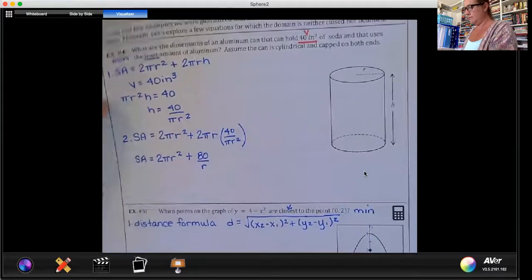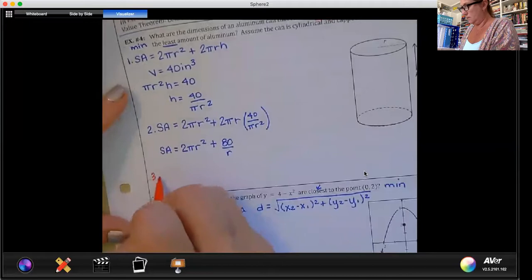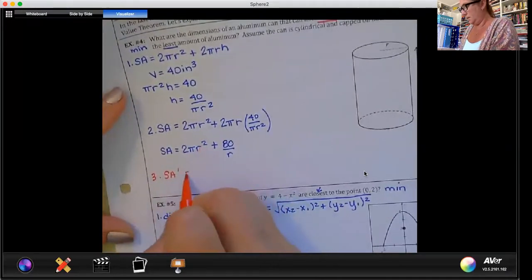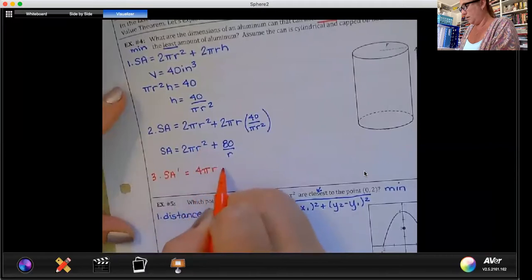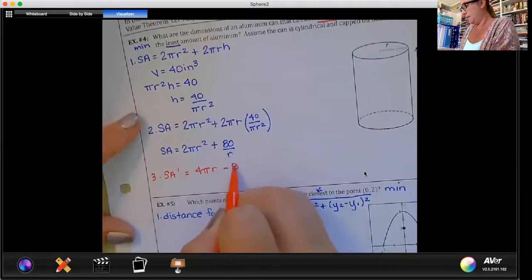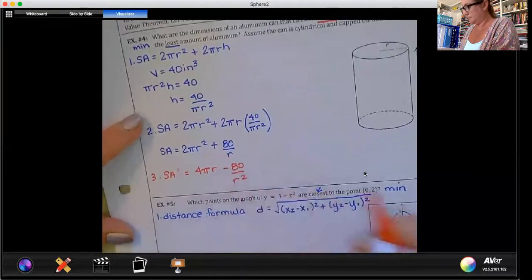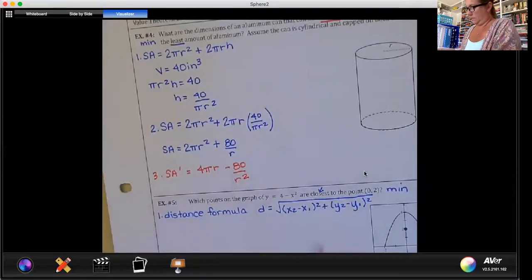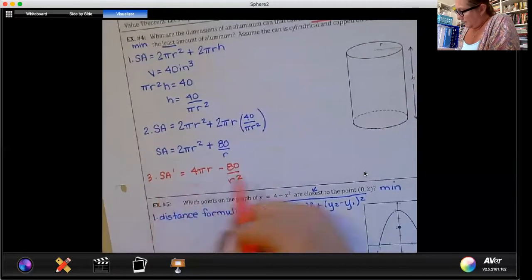So from here, you're going to find your derivative. Surface area prime, and that's 4 pi r, and that's 80 r to the negative 1, so minus 80 over r squared. All right, so we're going to set that equal to 0.